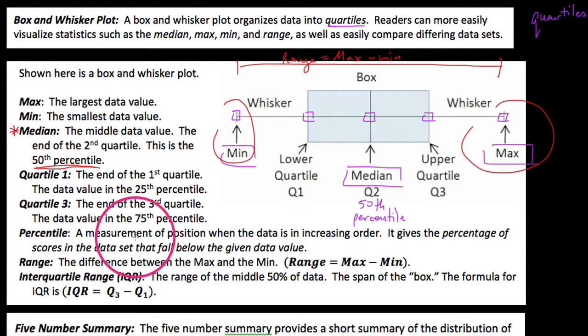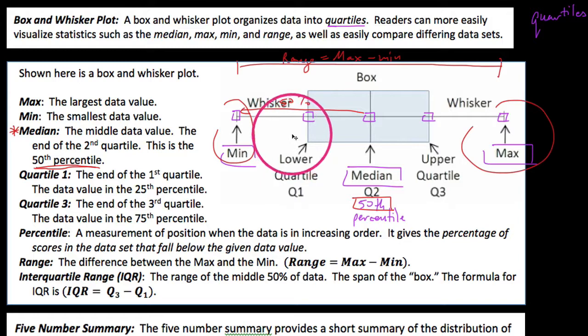It is a measurement of position, first of all, when the data is listed in increasing order, but it gives the percentage of scores in the data set that fall below the given data value. So when I'm talking about the median being the 50th percentile, what I mean is when I put all this data in order, 50% of the data values lie to the left of this data value. And so by definition of percentile, it is in the 50th percentile.